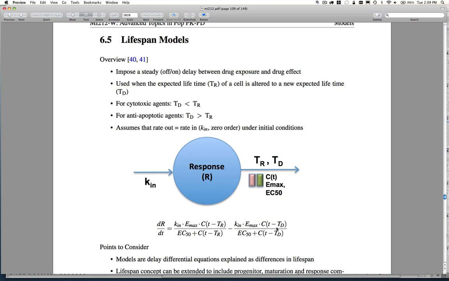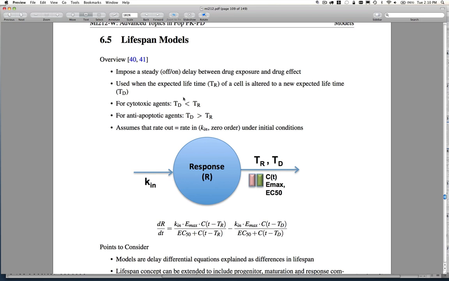And so the time at which that effect begins to occur is determined by the relative difference between TR and TD. And there are different ways of interpreting when that response occurs, depending on whether you're looking at cytotoxic agents and anti-apoptotic agents. And I'd refer everyone back to the two references, 40 and 41 here, if you are interested in implementing one of these models.